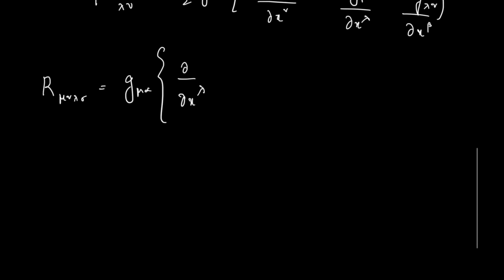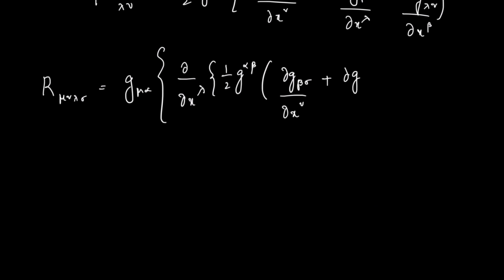So first I start with this. Now half g alpha beta, partial derivative of g beta sigma with respect to x nu plus partial derivative of g nu beta with respect to x sigma minus partial derivative of g sigma nu with respect to x beta. Okay, so this is the first term.